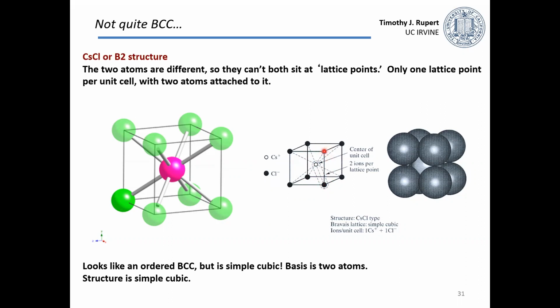So when I put this chlorine atom at this top front right lattice point, I actually am putting in a cesium in the middle of the unit cell that's right above this. Okay, so that's important to talk about. So we actually have a simple cubic structure in this case, but we have a basis of 2 atoms rather than 1.